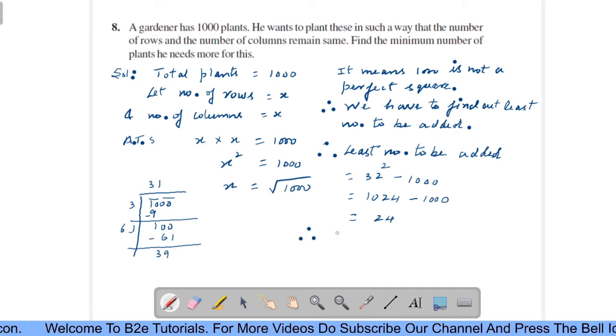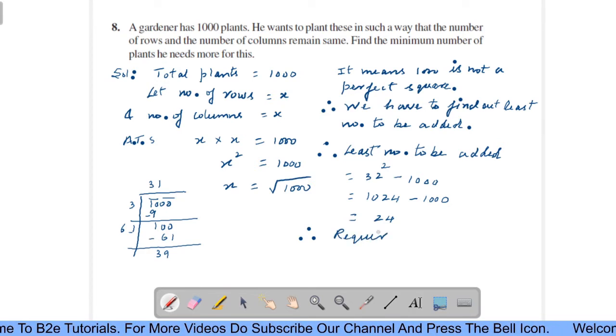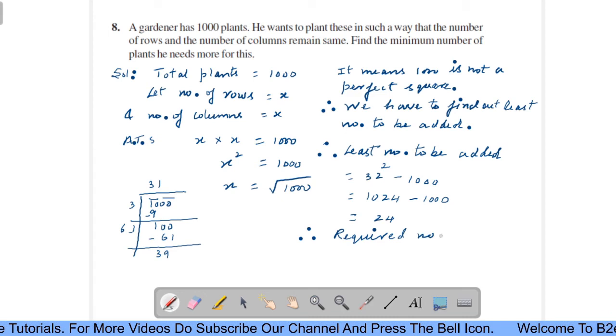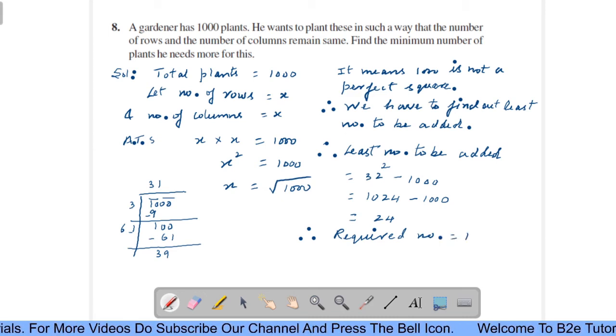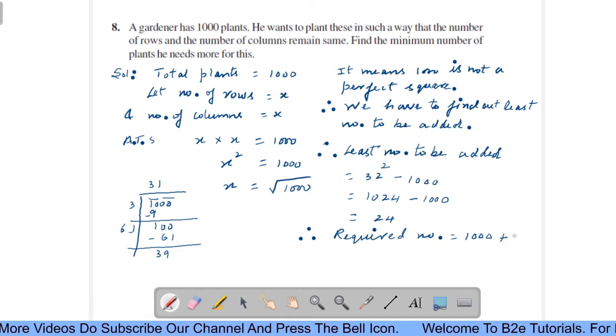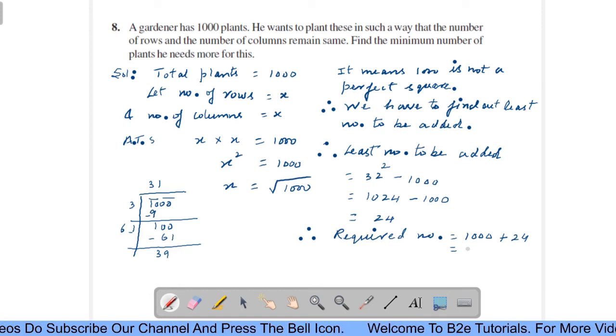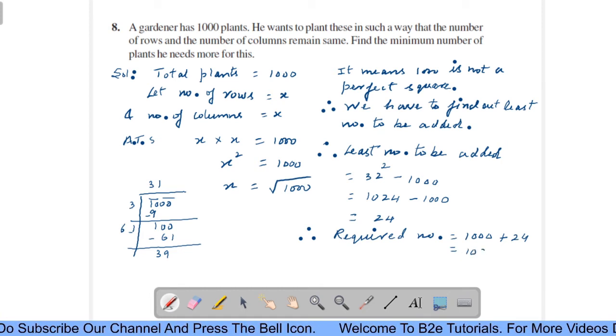Therefore, the required number is 1000 plus 24, that is 1024.